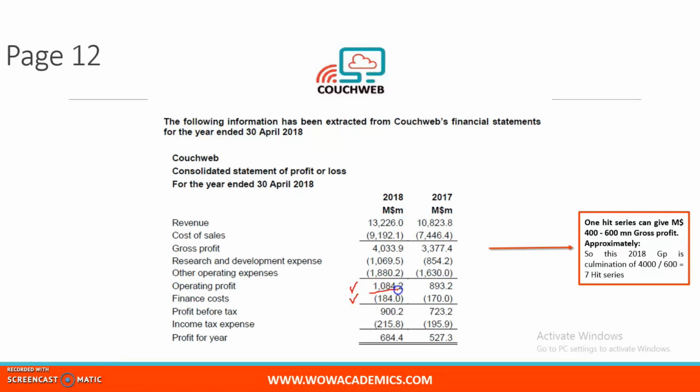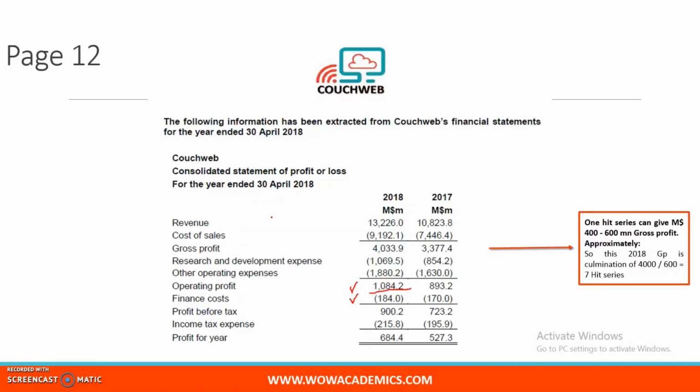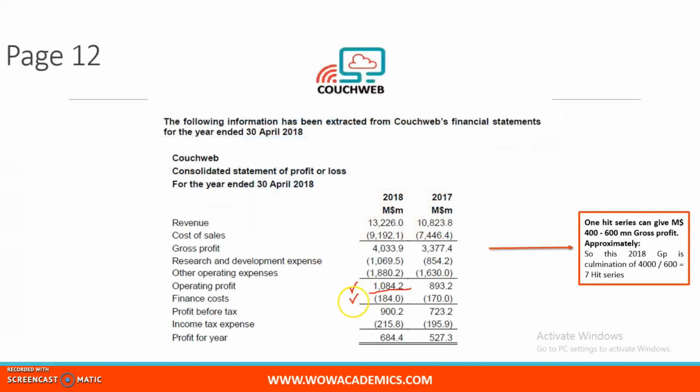So it's just a division, you will get the answer. 1084 divided by 184 comes to 5.89. Okay, that's correct. So 5.9 is the number. So it says that the company has 5 or 6 times the ability to pay the finance cost.